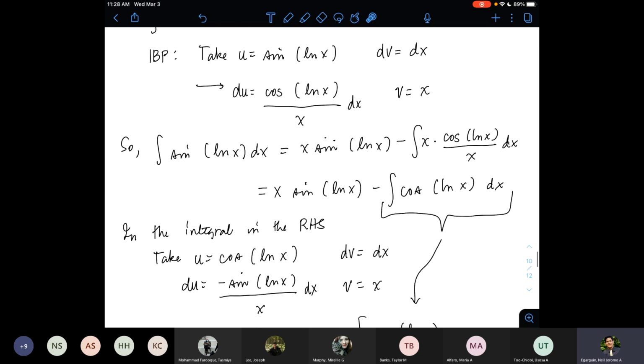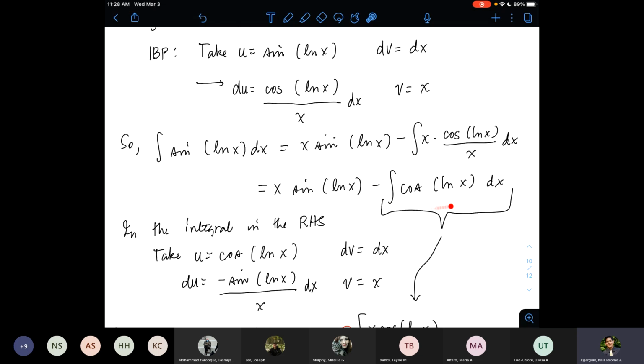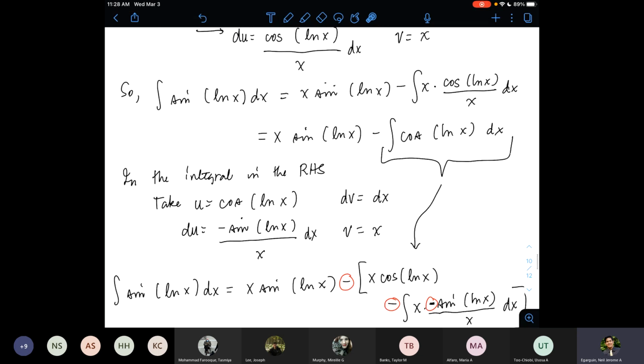And then I did IBP again, but I had cosine of ln x in the integral there. So I need to do integration by parts one more time. But in that integration by parts, I don't have any other choice again but to choose the cosine ln x to be the u, and then dv is always dx. Okay.